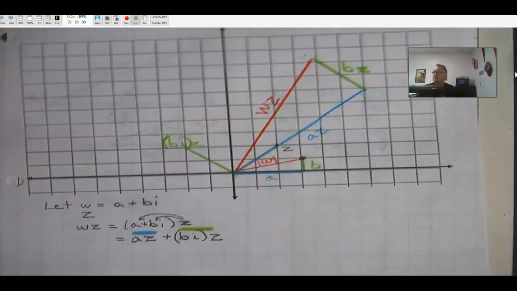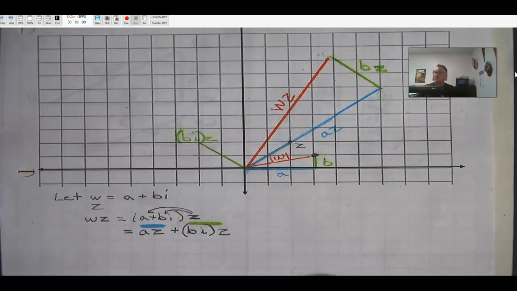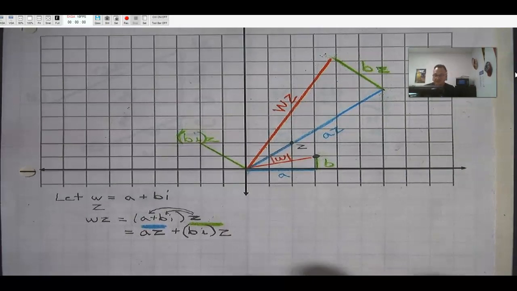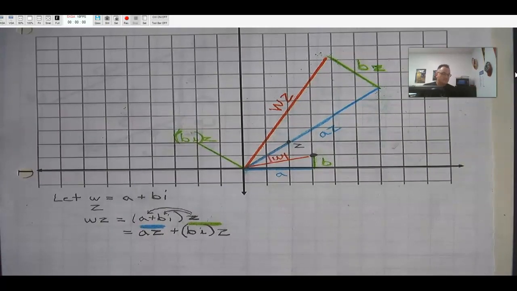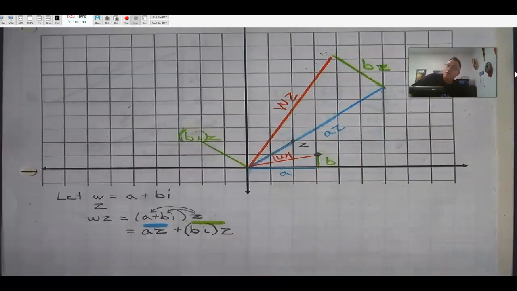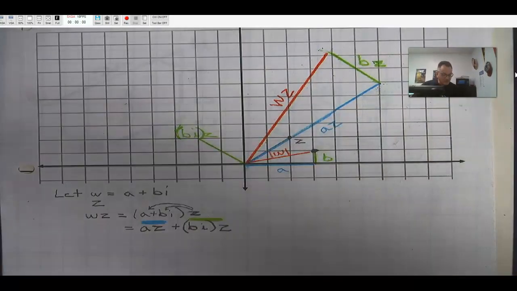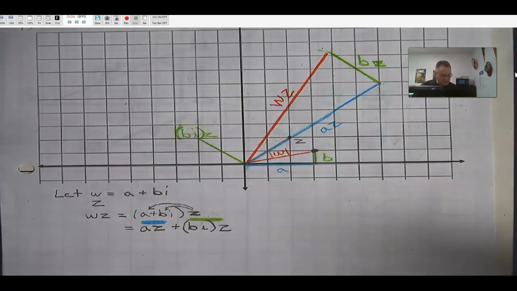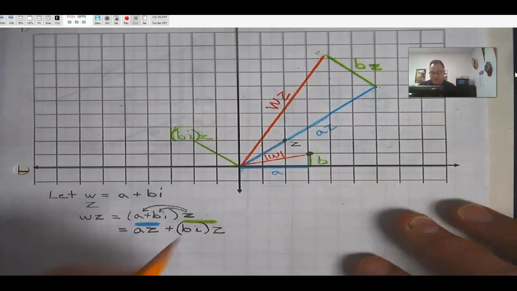So that's what we spent all yesterday learning how to do, just so that we could draw this picture and it would hopefully make a little bit of sense. Okay. Now, what's true about these? Just so that we have a way of talking about it, let's label the corners of these two triangles here.